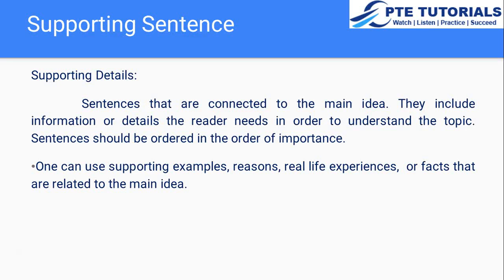Generally, they're ordered from most important to least important. However, for different styles of writing, there can be different variations. However, the most common one is that the most important is first and the least important is last. You can use real-life examples, you can use experiences or facts in order to support your main idea.